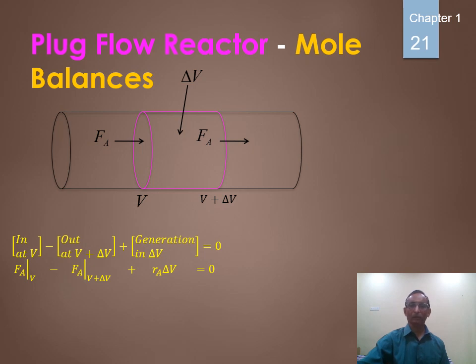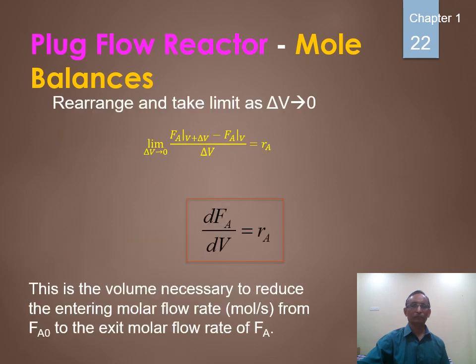Accumulation term you have to consider in the batch reactor. In the CSTR and PFR there is no accumulation. That is the last term. So only these 3 terms you are going to use in designing the design equation of CSTR and PFR. So this is a simple rearrangement. This is the derivative law you have studied.